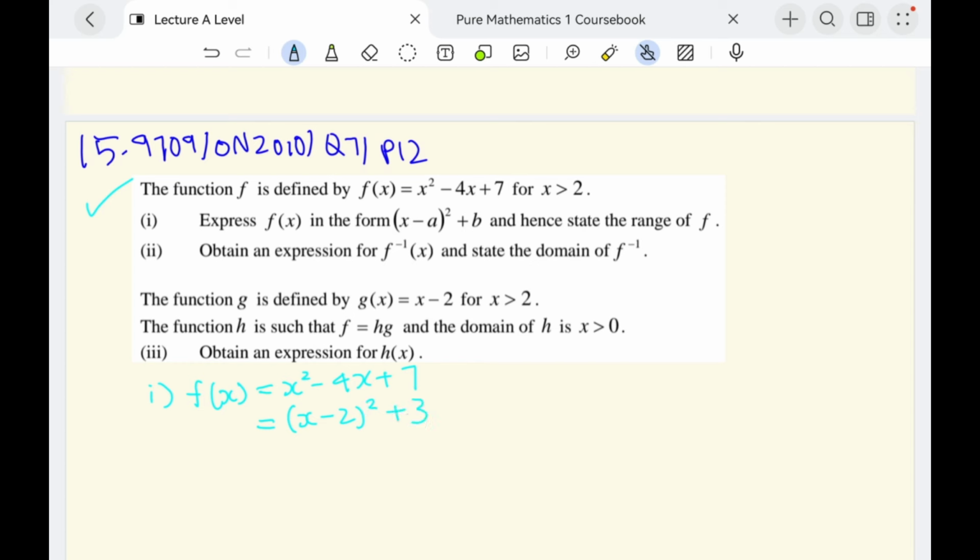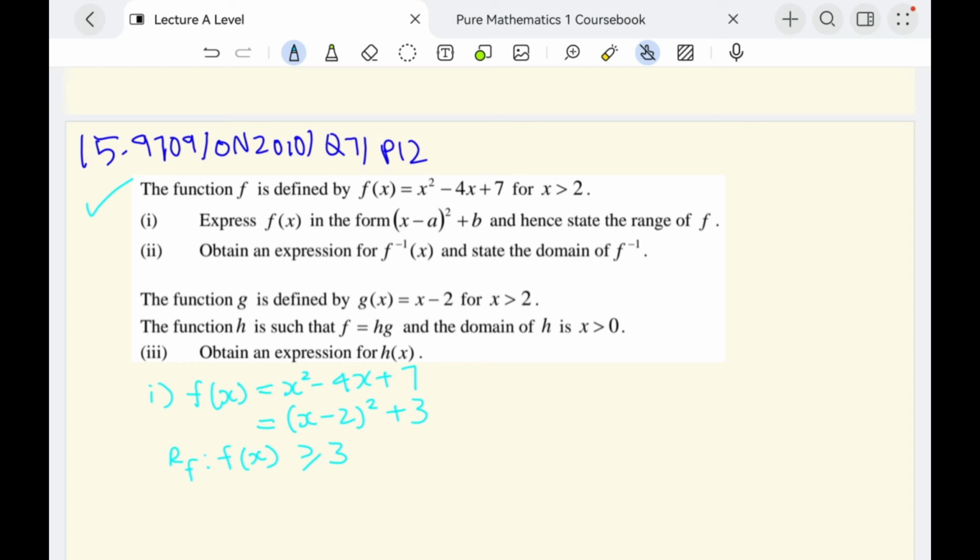If you want to do further verification, you may perform the completing the square method by yourself. I'm not going to discuss this further and state the range of f(x). Your range of f(x) is greater than 3, because a is positive and this quadratic function has a minimum point.